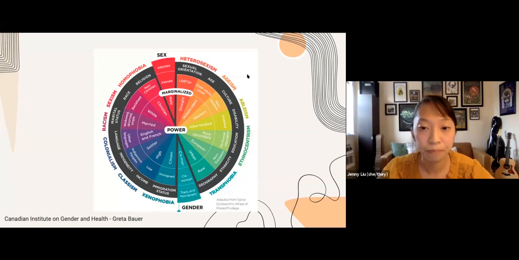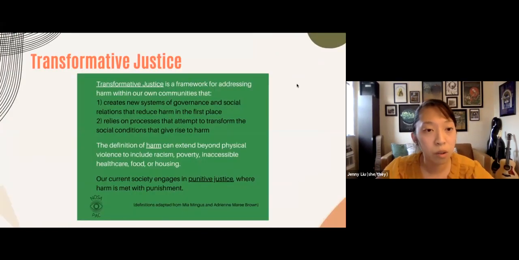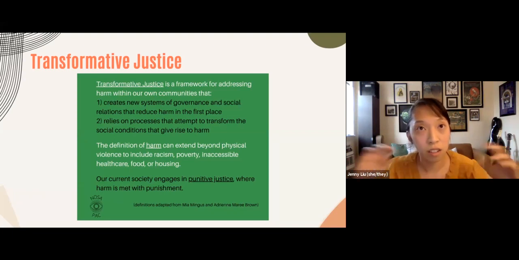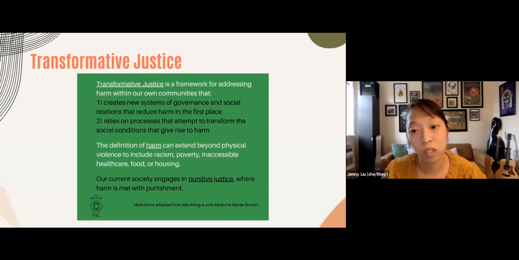And for the next slide, I also want to introduce us to this idea of transformative justice. So the baseline understanding is that in our society today, we engage in what's called punitive justice. Oftentimes when harm happens, we are meeting that harm with punishment.